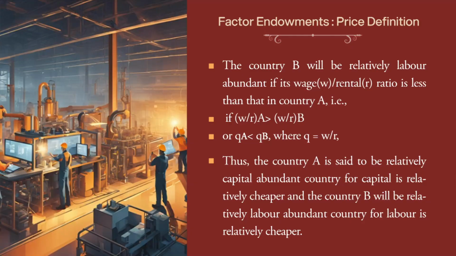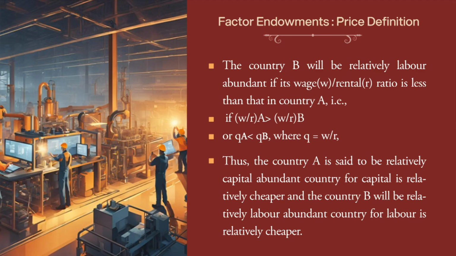If the wage to rental ratio is less, then country B will be relatively labor abundant compared to country A. If W is used for wage and R for the rate of interest, then the W/R ratio for country A will be more than the W/R ratio for country B. Using Q to mean W/R, QA is not equal to QB, because the countries differ in factor endowments defined in the price definition.